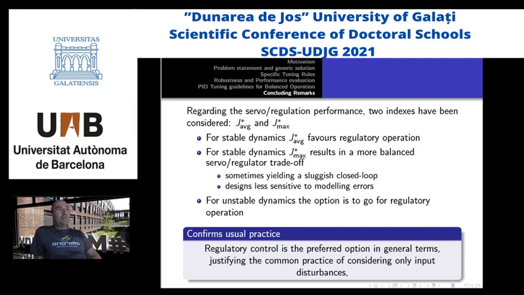But the point is that for the dynamics that are difficult to control, I mean unstable dynamics or integrating systems, in both cases, independently of the index that you use, J max, J average, what is suggested is to go for regulation design. Okay, so regulation design in practice is the usual operation and the usual tuning preferred. So common practice is to consider low input disturbance, and this is what is suggested from the analysis that we have found here.